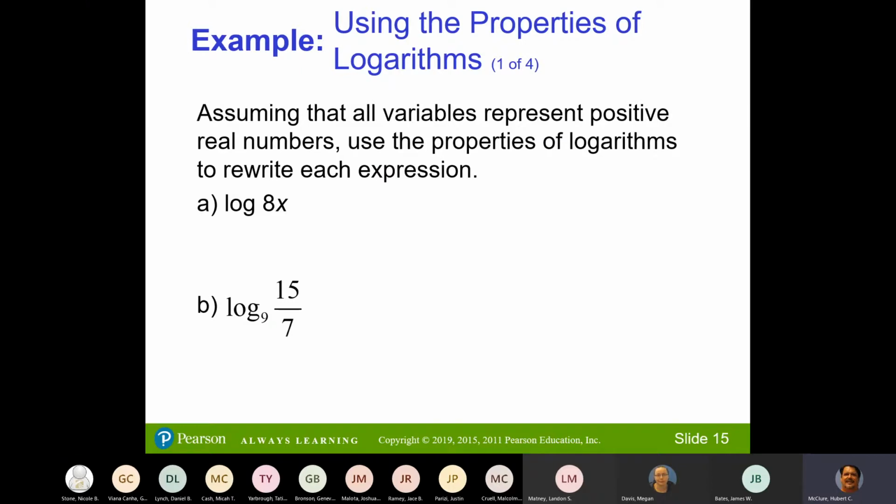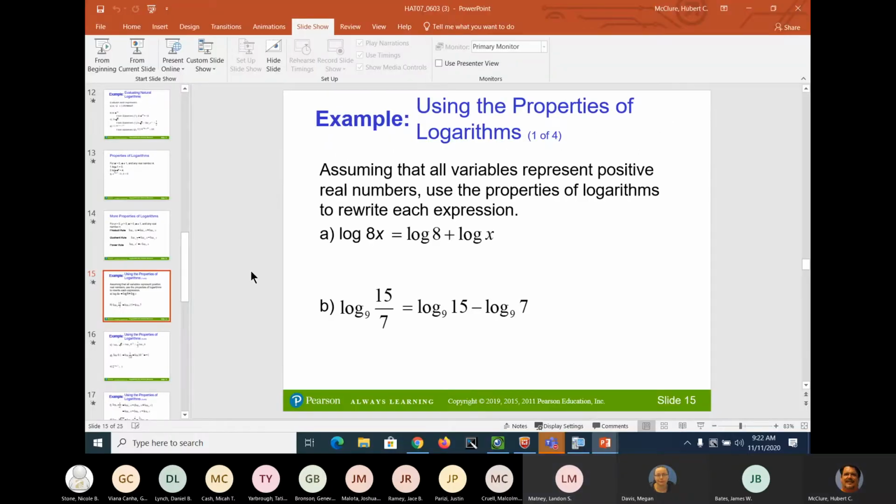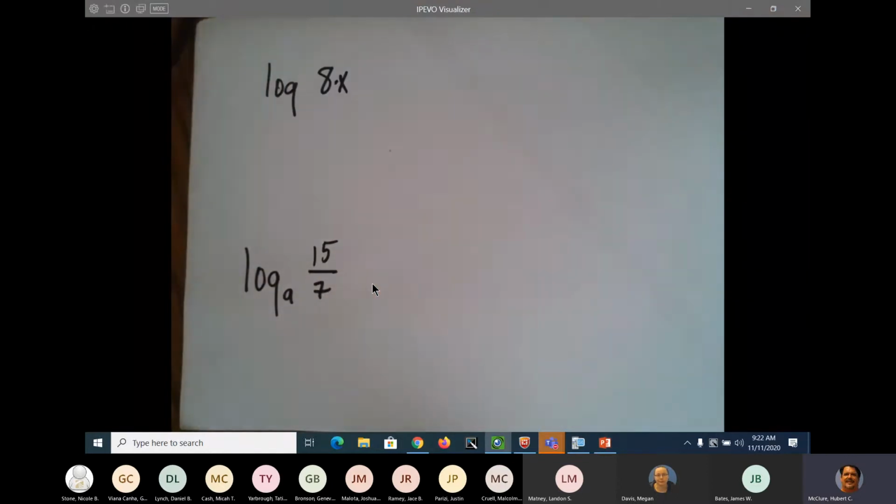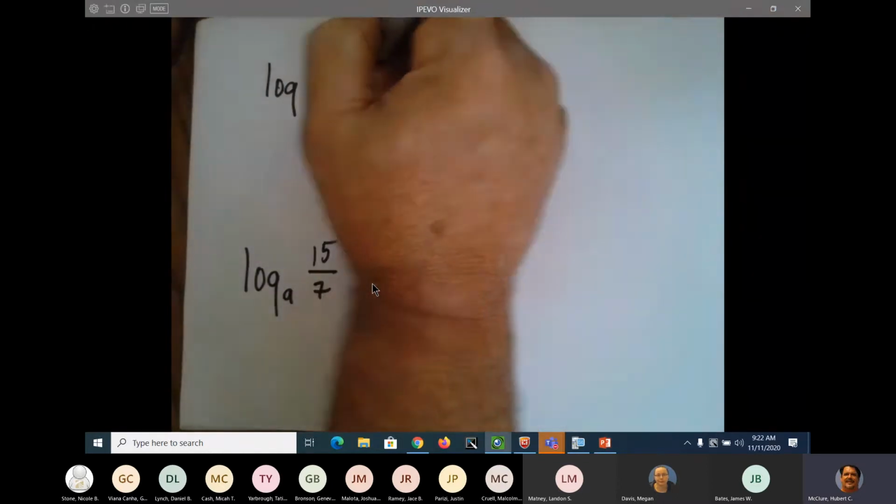So log of 8x, and then log base 9 of 15 over 7. So there's our examples. And this one is multiplication. So therefore, we're going to use the product rule on this one.